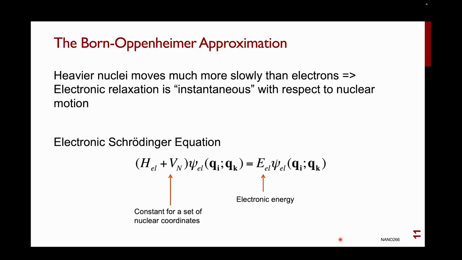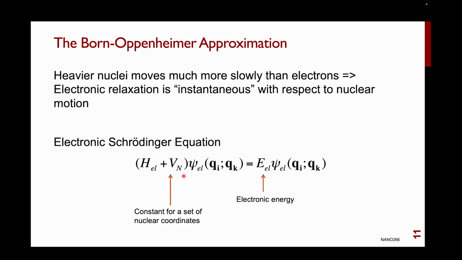So what this simply means is that because our nuclei motion is moving much more slowly, we can take the nuclei motion out of the equation. We will just solve what is known as the electronic Schrodinger equation.